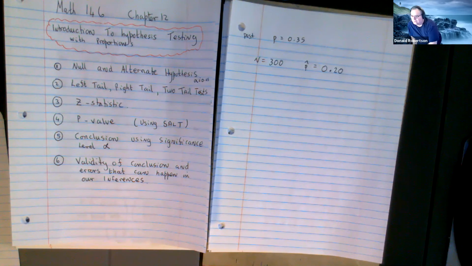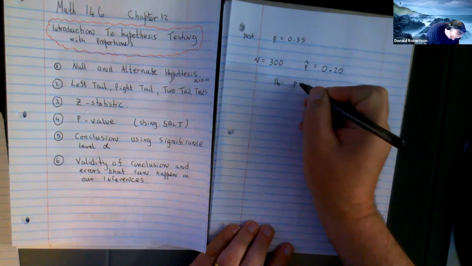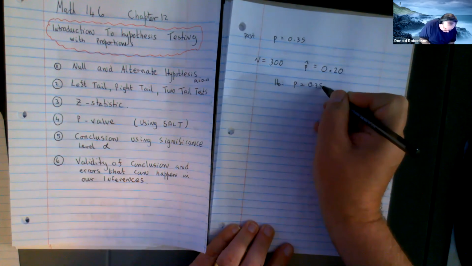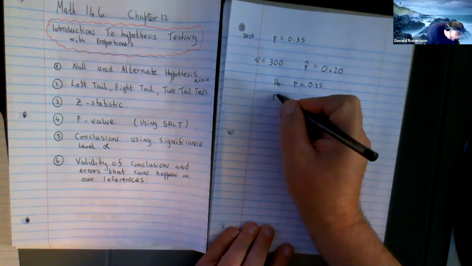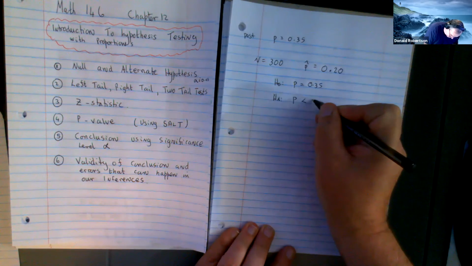So we want to see, is there evidence to prove that people have changed their flying habits because of COVID? I'm picking one that I know should be significant. So the null hypothesis is that it's still 35%, what it was last year or whatever. And the alternate hypothesis is that it has gone down.